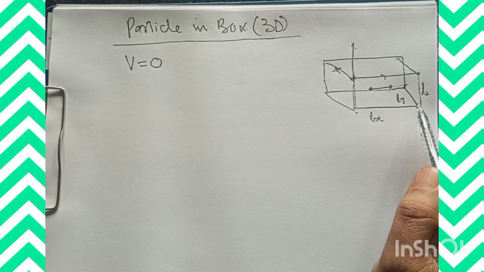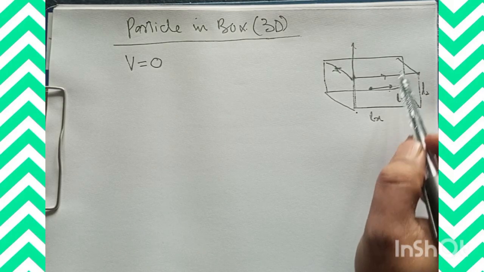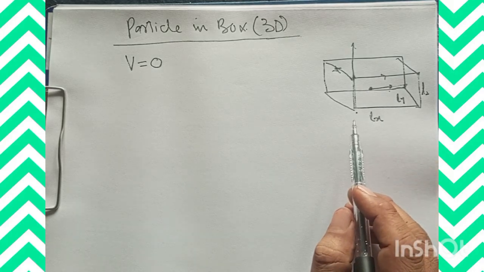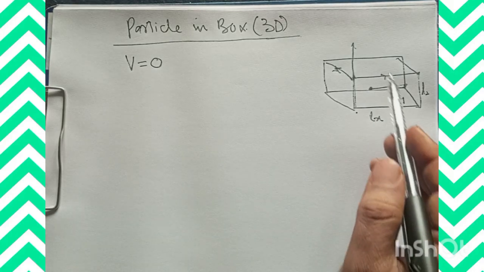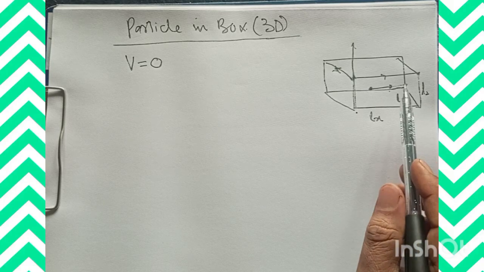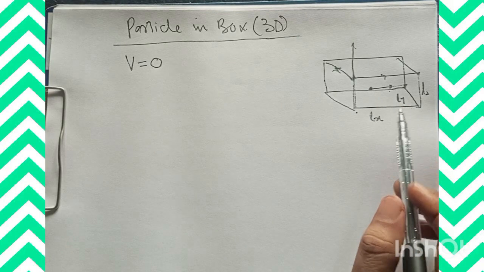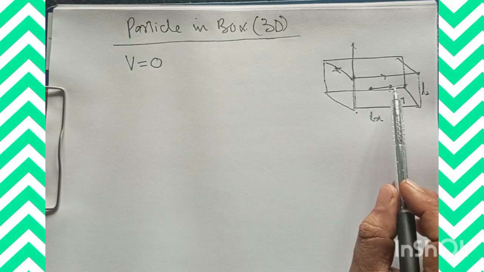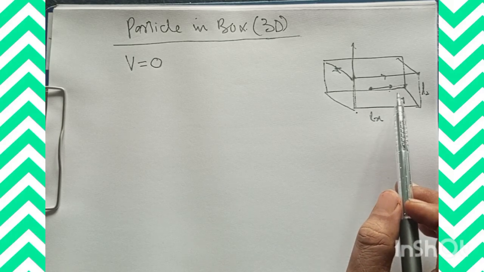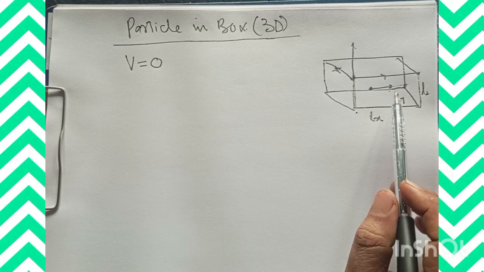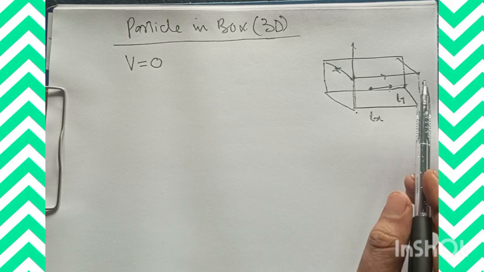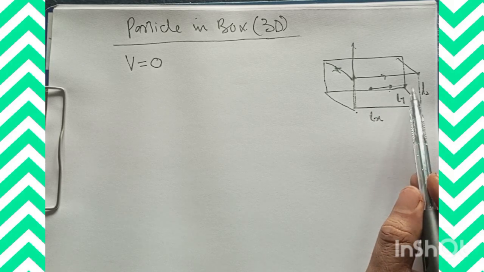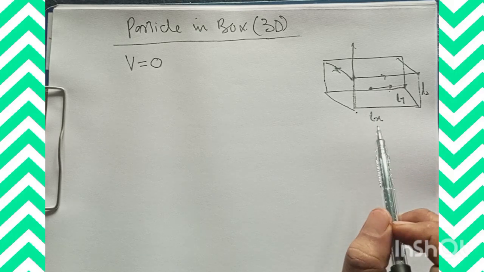So the potential at these boundaries is extremely large everywhere outside the boundary that we have, and therefore this particle will be bounced back under all circumstances. It will hit the boundary and come back and hit another boundary.